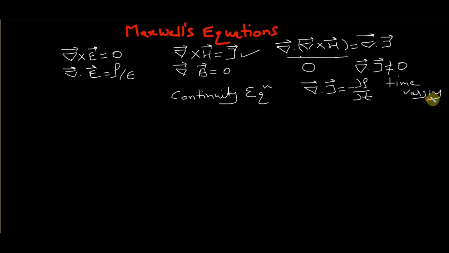If we have this time variation, del dot J can't be equal to 0. So we have to modify this equation for the time varying case. So Maxwell modified this equation like that.